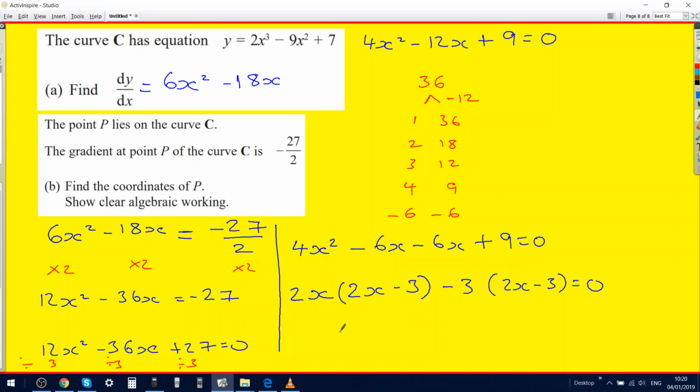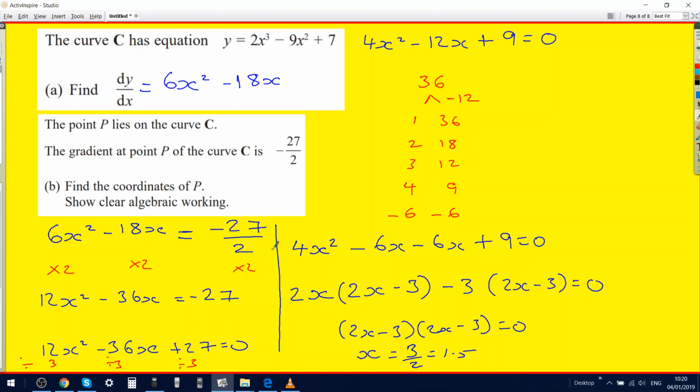There you go. Equals 0. Right, it's 3 over 2.